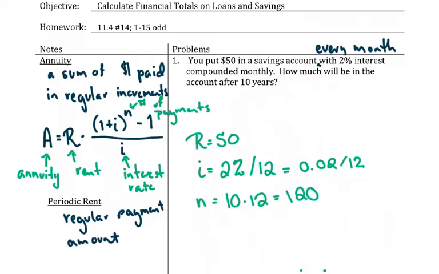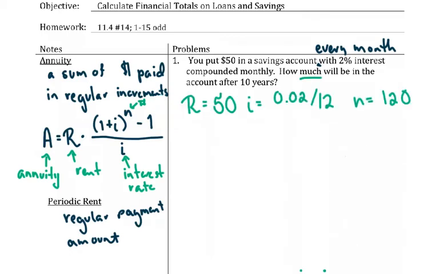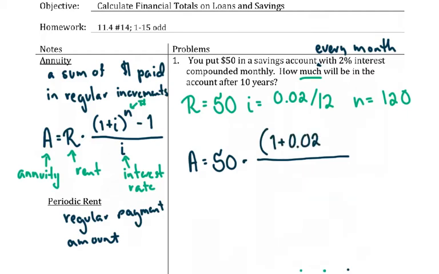So these are our numbers, and we're going to find how much we're going to have in total, which is A. Sorry to erase things to make some space. Now let's plug into our formula. Our total amount is equal to R, 50, times the fraction 1 plus 0.02 over 12 to the 120 minus 1, over 0.02 divided by 12.